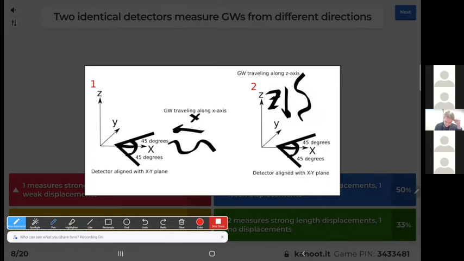But for the first one, either for the plus mode or the cross mode, it will not measure the length contraction. I mean, there will be some contraction, but the two beams will have the same length contraction and cancel each other. There will be no decoherence in that case.